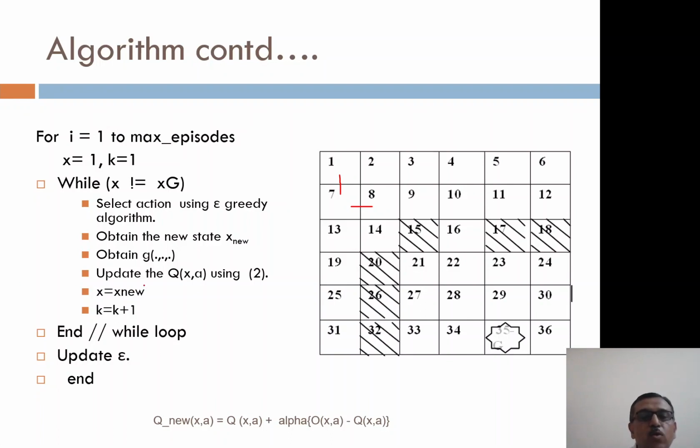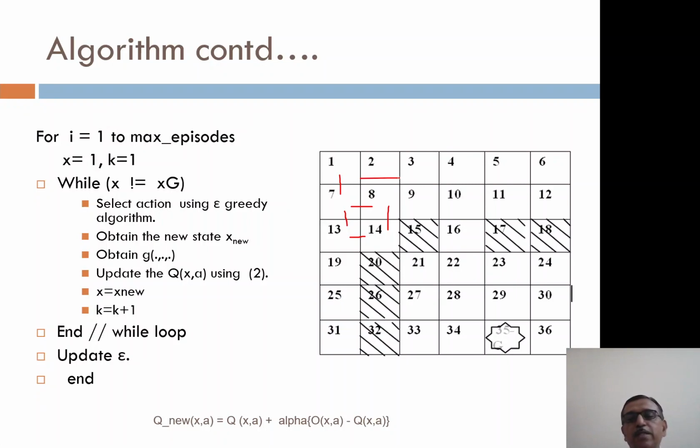Then it's not a goal state, so I come back again here. Then I took a down action, then a left action. Every time I get a reward and keep updating the Q value.